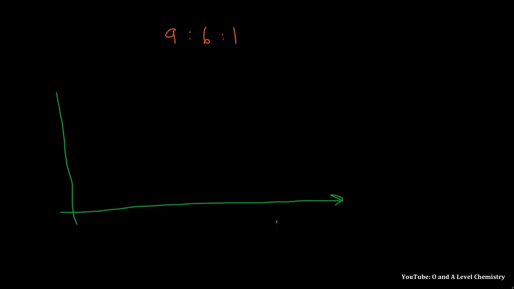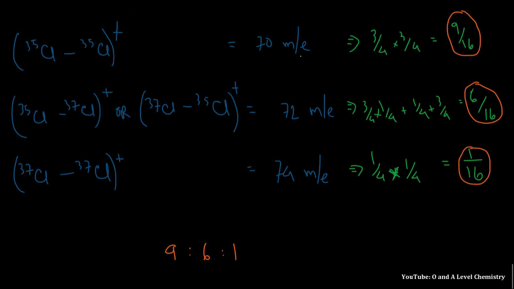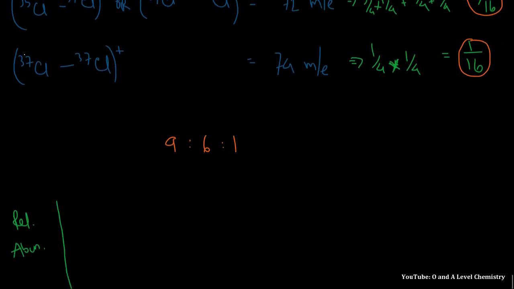So if we have a mass spectrometer plot for these guys, this is M by E, this is the relative abundance. I'm going to see a peak at 70, 72, and 74. So let's draw the peaks. Let's call this one 74, this one 72, and this one 70.